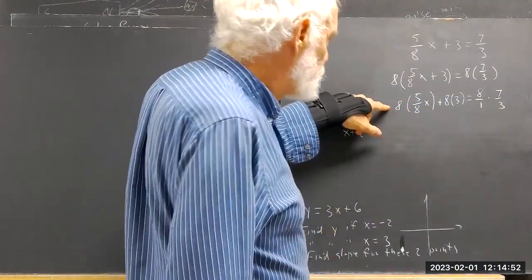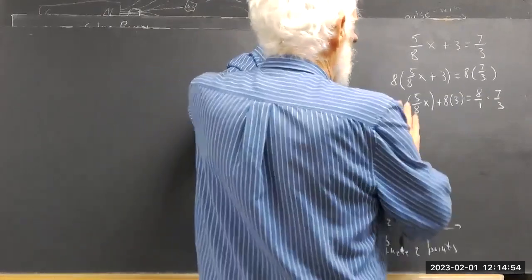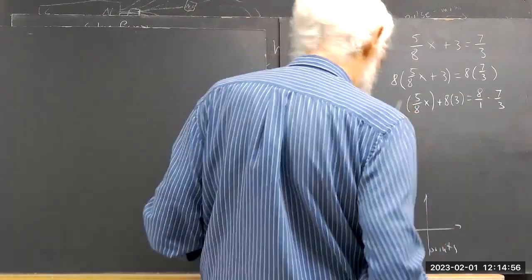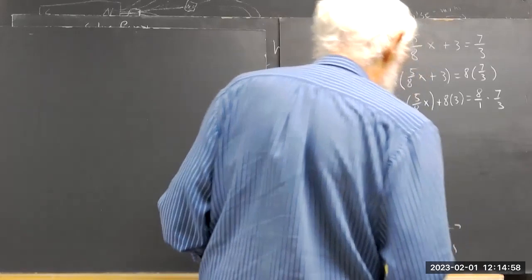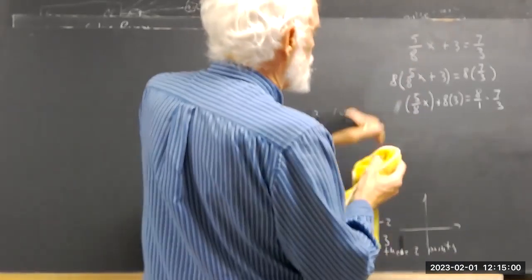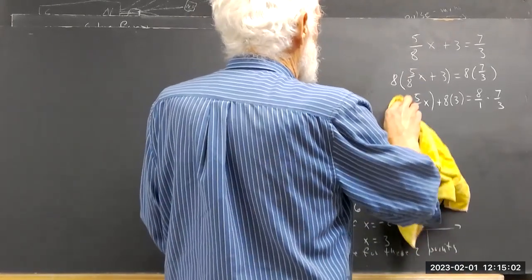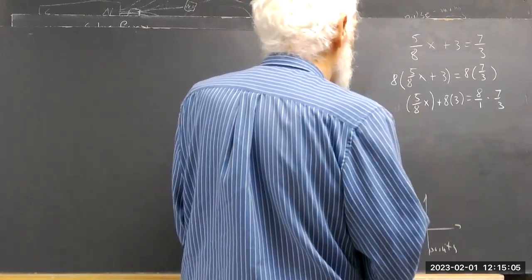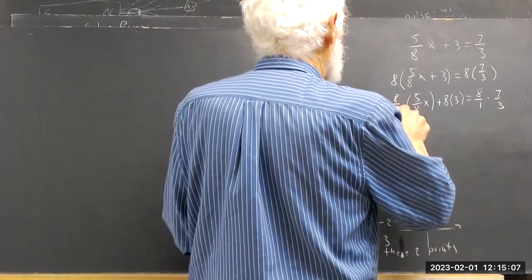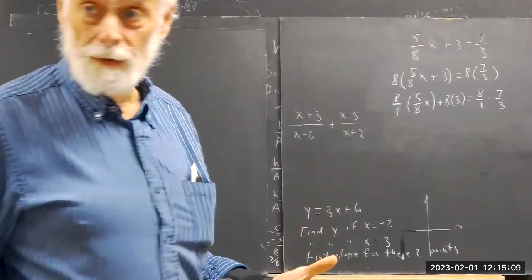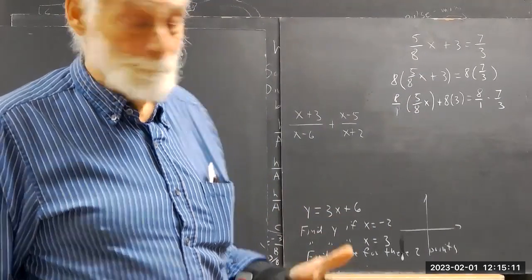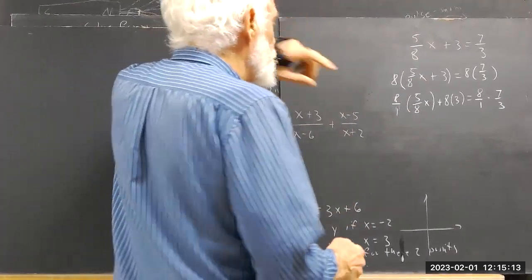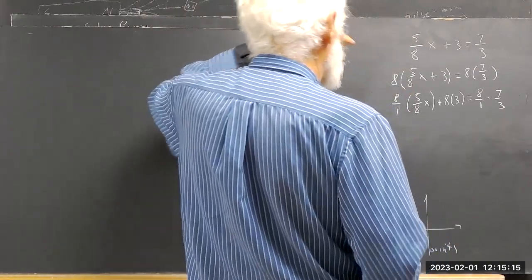Okay, well, if I multiply this out, I don't like to shortcut too much, but I'm gonna write the 8 times 5/8 as 8/1 times 5/8.